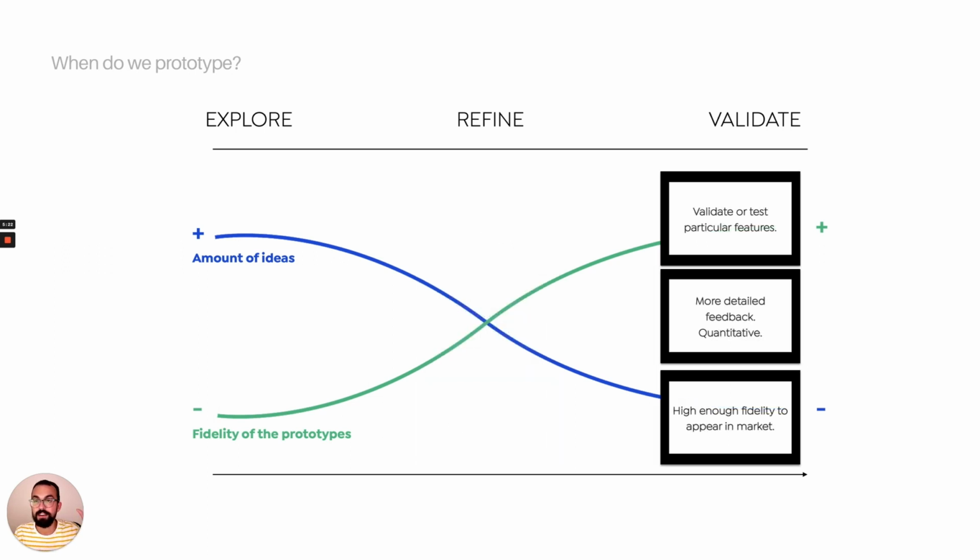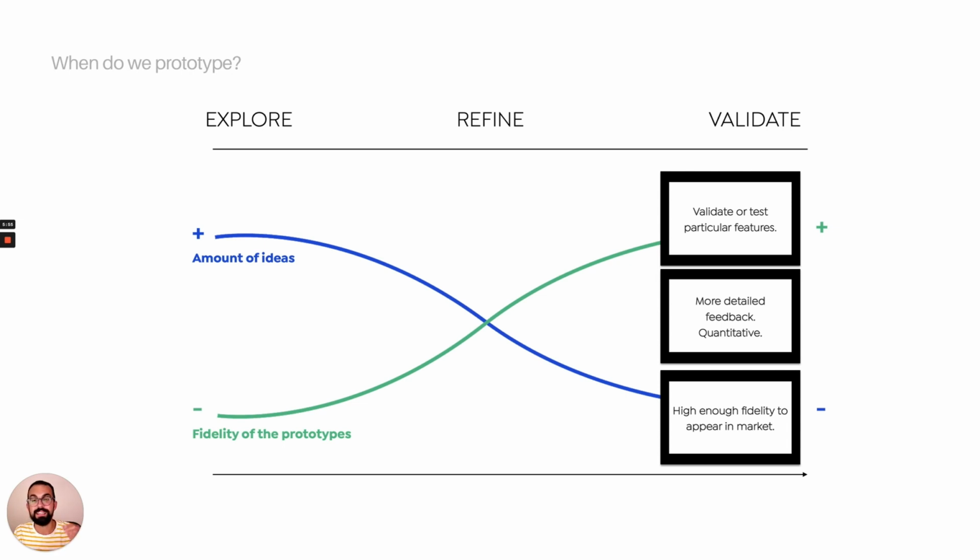Then once we're here in the validation stage, where we've started to work through, we've iterated maybe several times, now what we really want to focus on is validating and testing particular features. It's not very exploratory, we've already done our research there. But what we want to get is more detailed feedback, and this will more likely be more quantitative. And we want the quality of our prototype to be pretty top-notch.